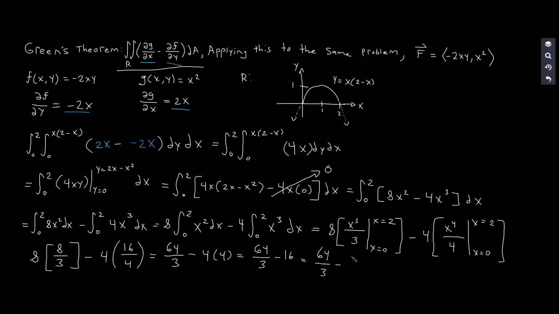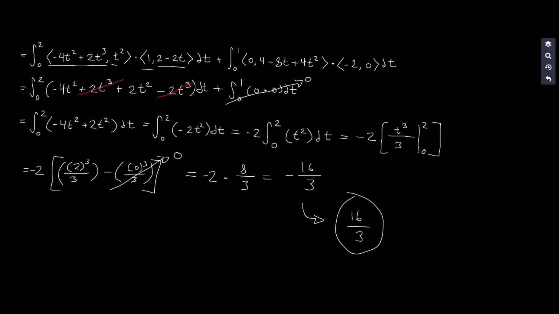What is 16 multiplied by 3? 32 plus 16, 48 over 3. Oh gosh. Can I do that in my head? Do I have the brain power? 64 minus 48. Oh, I was going to have a 16. Is it 16 over 3? 16 over 3, positive 16 over 3.